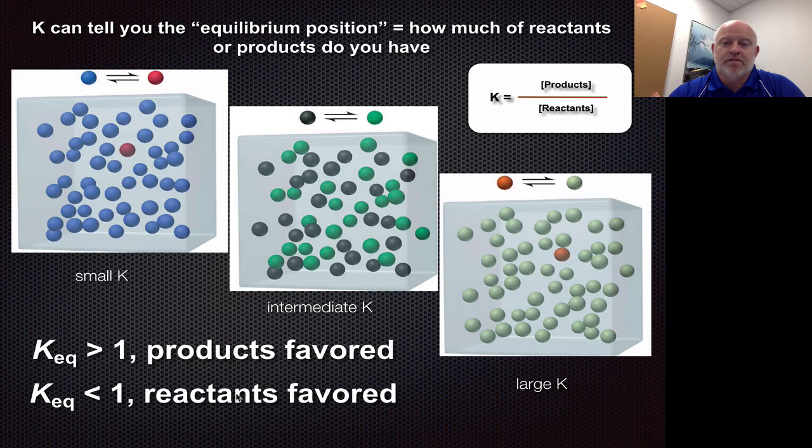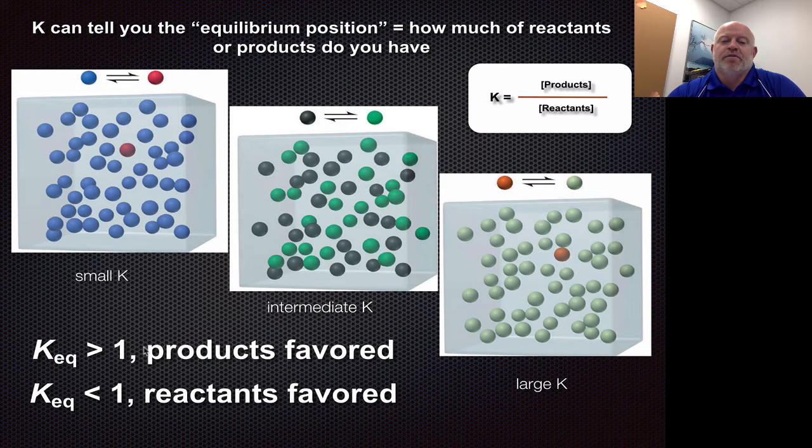They can't go negative, because we just have a relationship between the concentration of products over the concentration of our reactants. So they can't go negative, but you can approach 0. So if you have a reaction that approaches 0, essentially we're making no product. Eventually, if it's so reactant favored that it's almost 0, it doesn't really react.